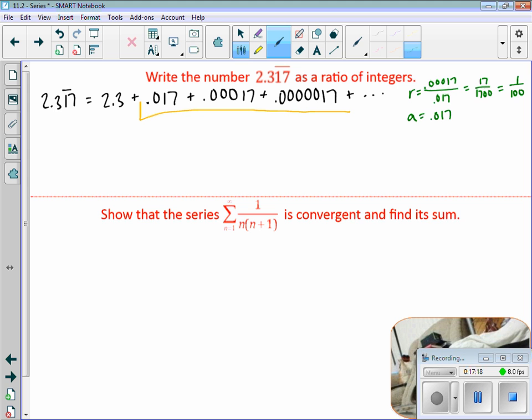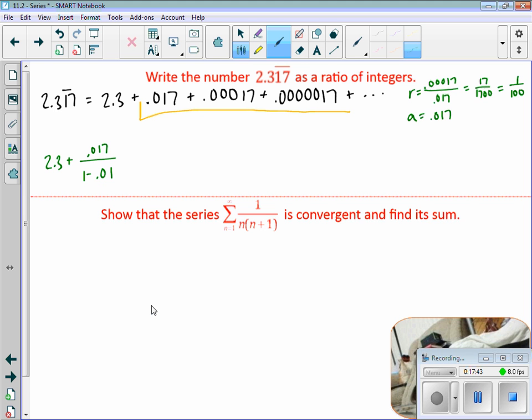So we're just dealing with the geometric piece here to start with. So if I find the sum of all this geometric stuff, it would be 0.017 divided by 1 minus R, which is 1 minus 1/100th, or 0.01. And then I have to take that 2.3 and add it on to there. Would that give me that entire thing then?